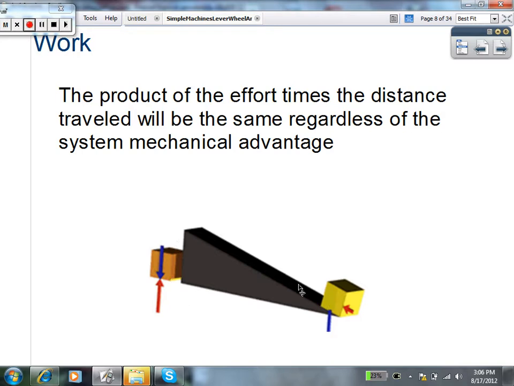If we put that same 100-pound box onto an inclined plane, then push with 25 pounds, the work still has to equal 100 foot-pounds, so we would have to push it up a 4-foot plane in order for the work to be 100 foot-pounds.